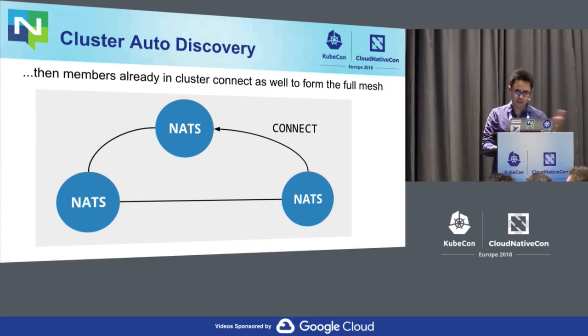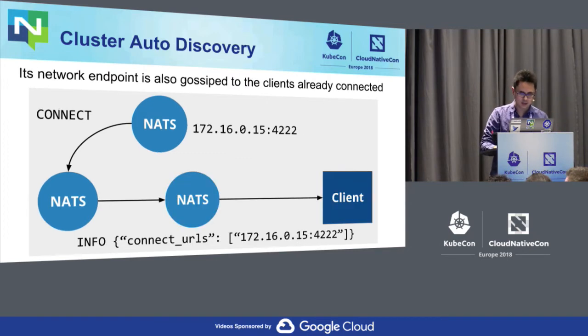So once this one joins, the other node is going to connect to this other one, and that's how the full mesh setup is assembled. And then all of the clients that were connected to these other servers are also going to receive the network location, so they will add this into their own pool of servers that they can reconnect to.